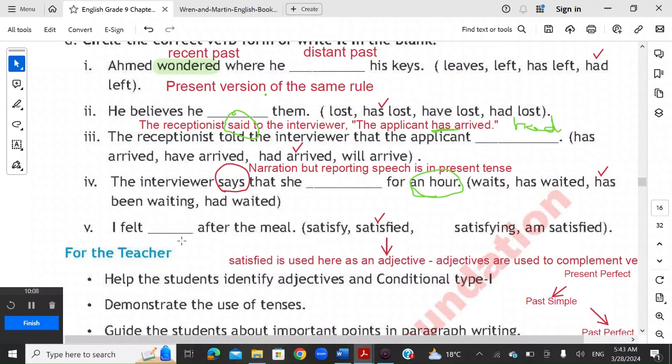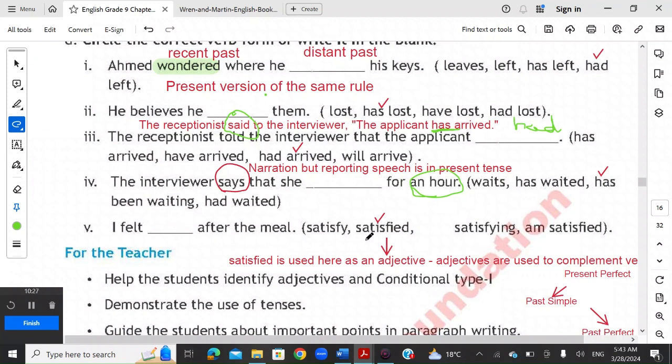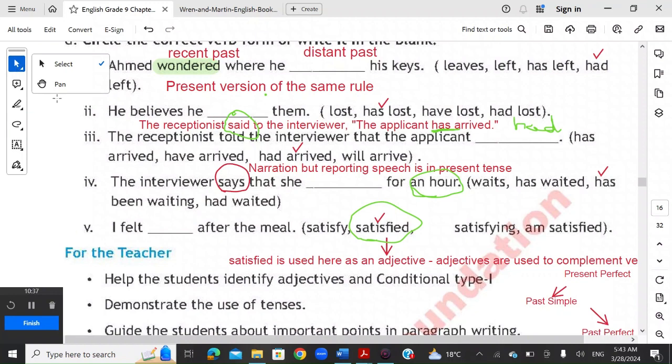I felt dash after the meal. Satisfy, satisfied, satisfying, am satisfied. The correct option is satisfied, and this satisfied is not used here as a verb. You know, satisfy, satisfied is a verb, but in this sentence, satisfied is used as an adjective, which is a participle as well.